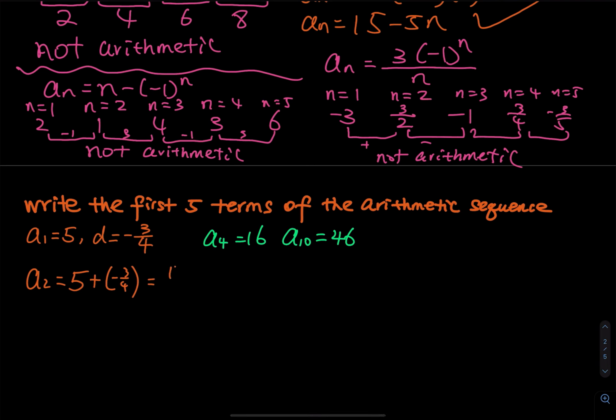So this is 17/4, and then a3, you take the previous term, and then you add the common difference, that is equal to 14/4.